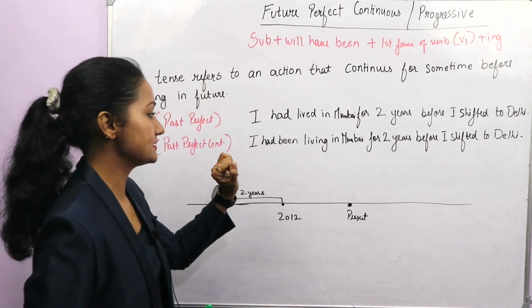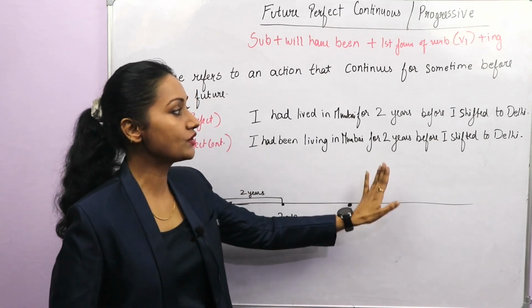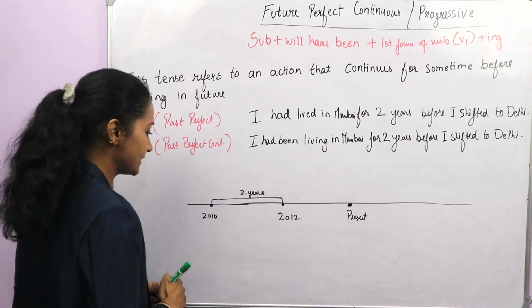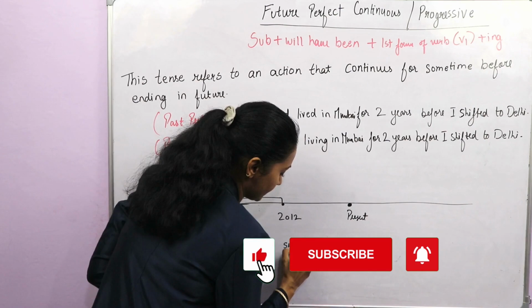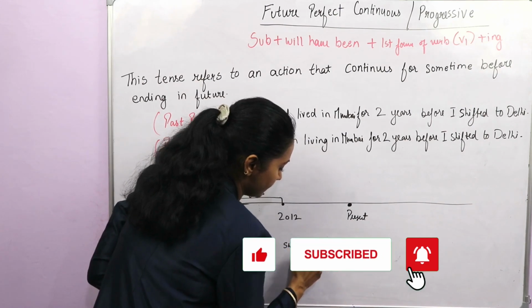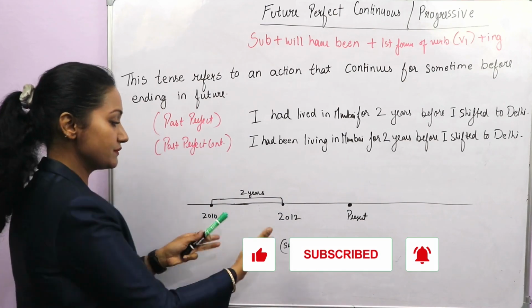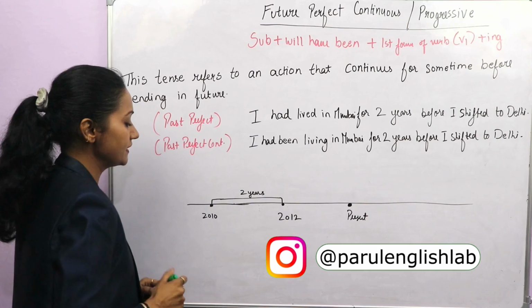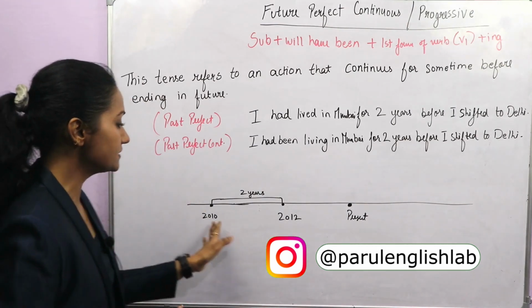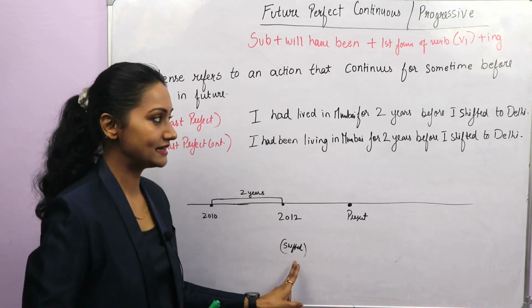Now look at the second sentence. I had been living in Mumbai for 2 years before I shifted to Delhi, okay? So I shifted to Delhi in 2012, okay, and before that I had been living for 2 years. So I started to live in 2010 and it continued till 2012 when another action took place, okay?